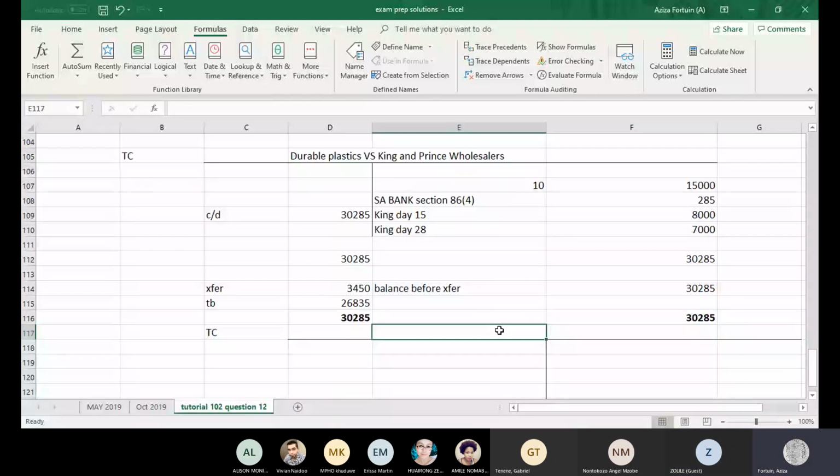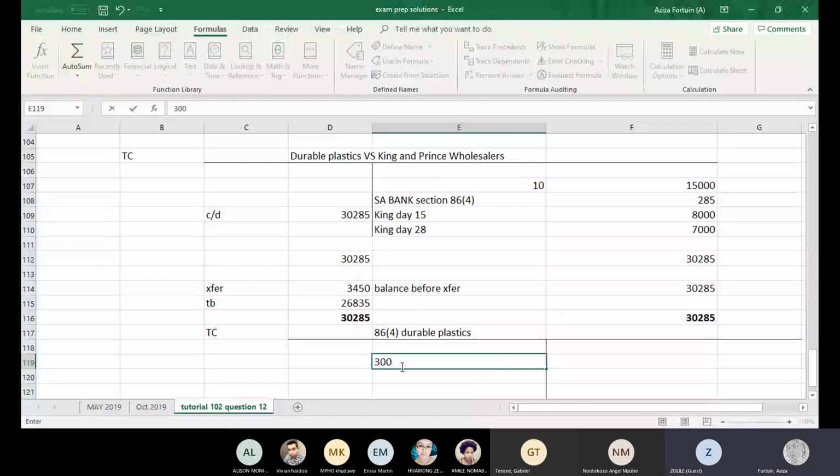Okay, the last one is the section 86.4 account. So what is going to go in here? Obviously, if I credited the 15 Rand and the 285, I'm going to debit the 300, right?